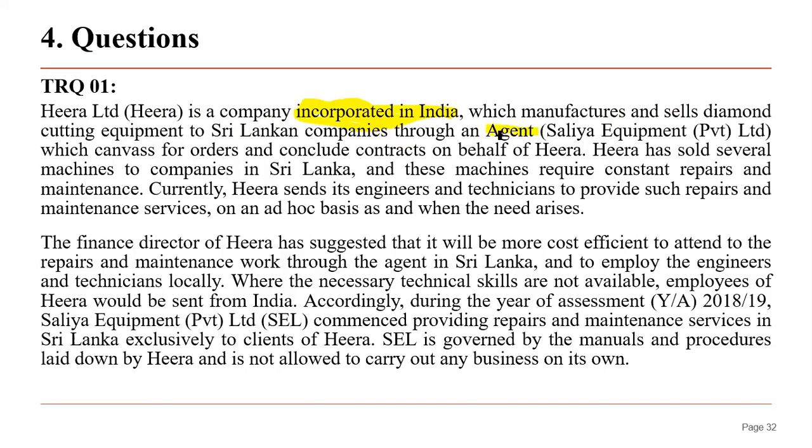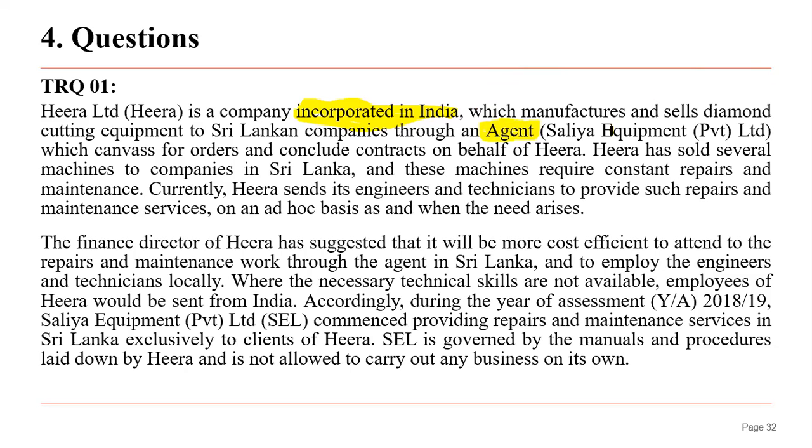See, there is an agent relationship also. Then we can assume that we discussed last week how the agent, whether it is a dependent agent or an independent agent, how we are going to determine those things. Then it is very clear for us. Then it's given, right? Then we will go into the scenario and see how they have worded this.